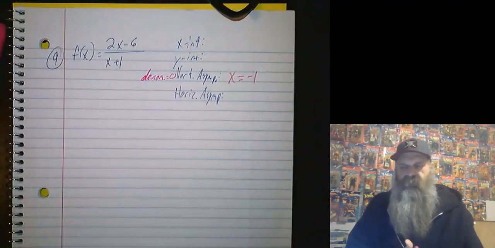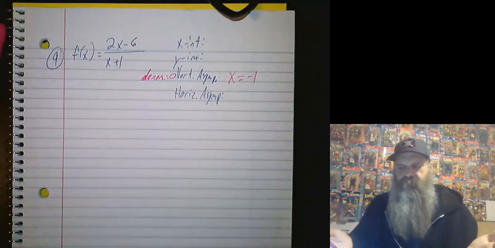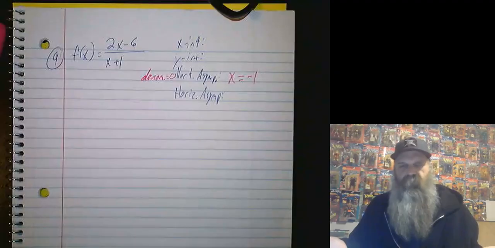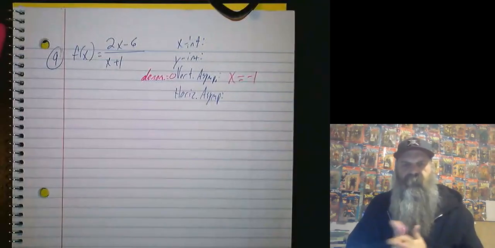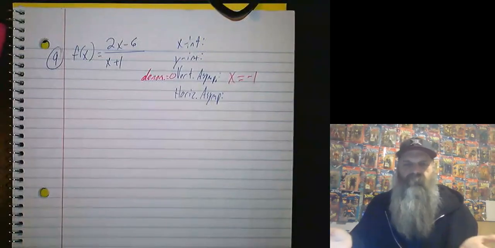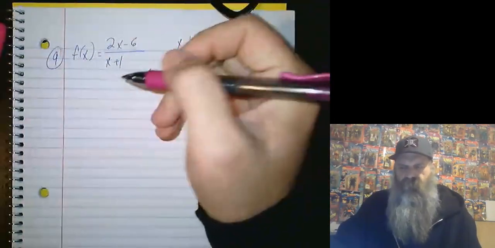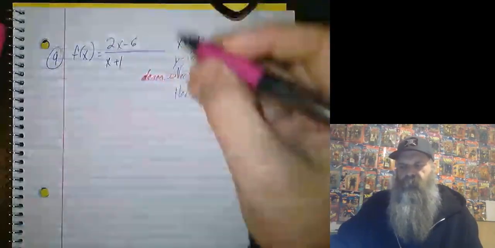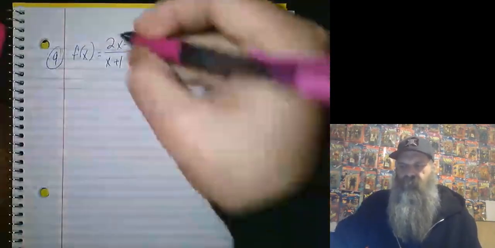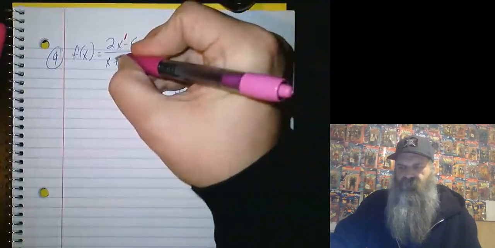The horizontal asymptote. There are 3 rules for the horizontal asymptote, but to save time, let's just consider the rule that we have. Here, the degrees are the same.